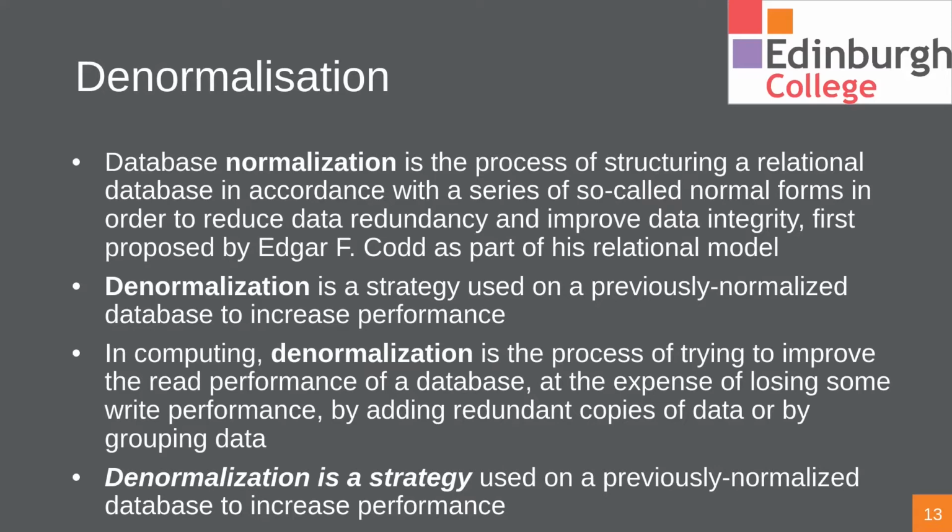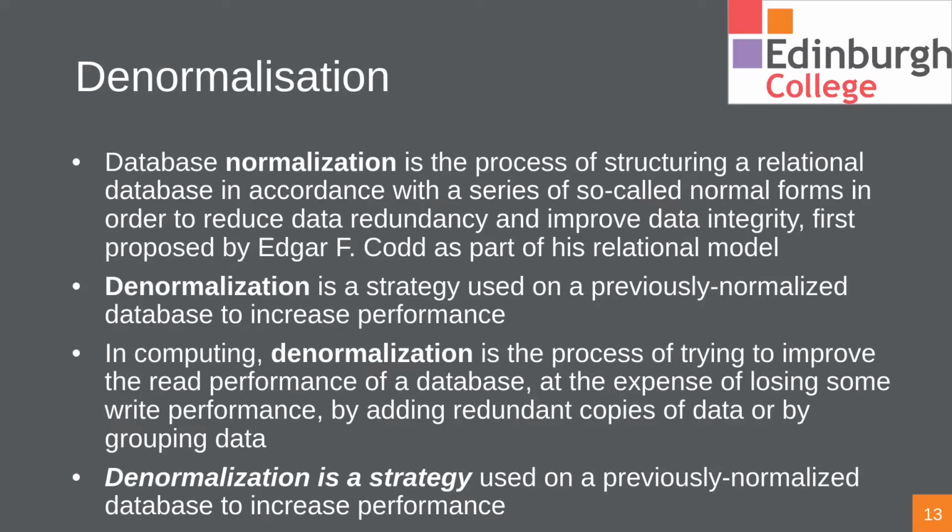Normalisation is a process by which a relational database is structured, and there is a set of what are called normal forms of data in order to improve the way that data works inside a relational database.